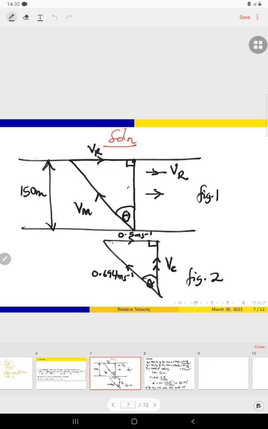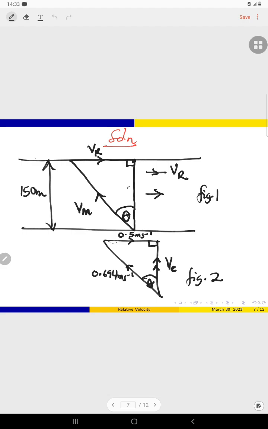See, let me redraw this diagram. Look at this diagram. If I were to transfer this diagram here, you see figure 2. Okay, let's even discuss it here. Time to cross the river, so we are looking for the time it will take to move from here to here. We are looking for that time. And if you know this velocity, then it becomes easy because you already know the width.